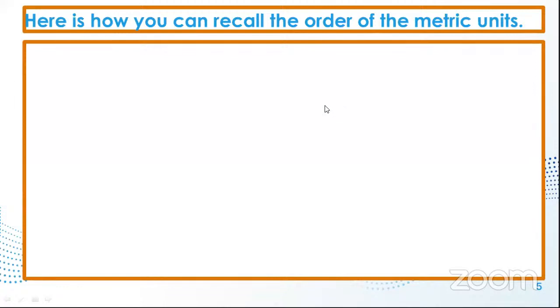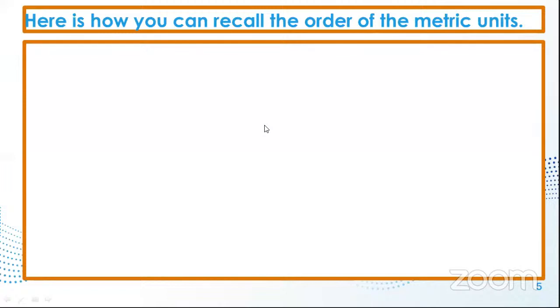Now, when you want to change these units, here is how you can recall the order of the metric units. Remember, I gave you the order there as kilometer, hectometer, decameter, meters, decimeter, centimeters, and millimeters.